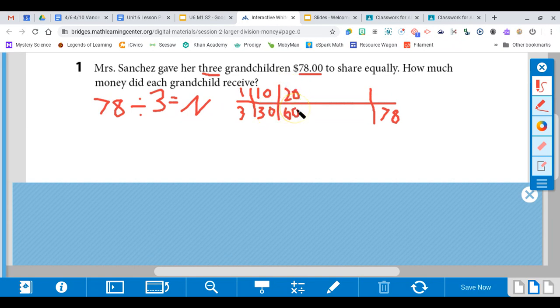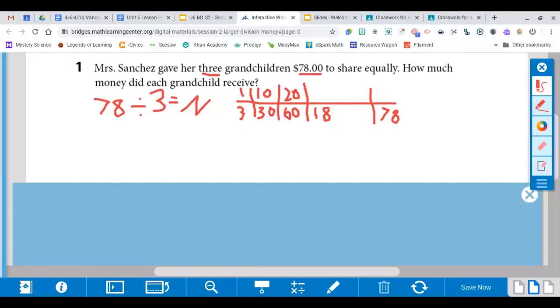And now here's where your basic math facts come into play. And I hope you've been practicing your math facts and staying up on your math facts on MobiMax. But here I can look, once I get close to 78, which I am, I'm at 60 right now, figure out how far away from 78 am I? Well, I'm 18 away. So now I think, how many groups of 3 can I get to 18 without going over?